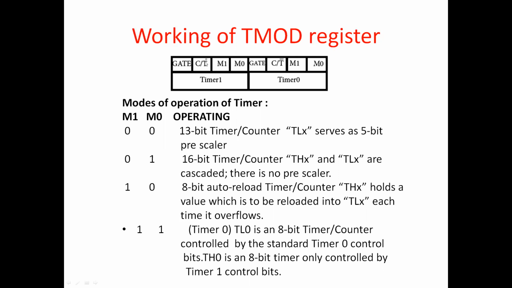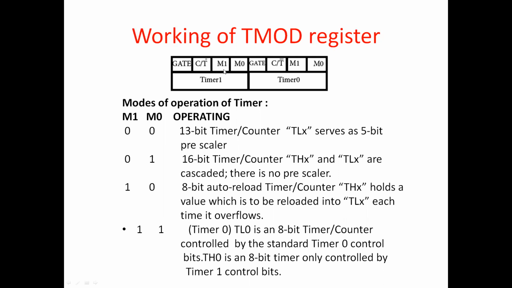So T bar means the timer is activated whenever this bit is low. If this bit is high, it will act like a counter. Whenever this bit is low, timer 1 will act like a timer. Okay. Next, gate. What is this gate? We'll see during the block diagram representation.